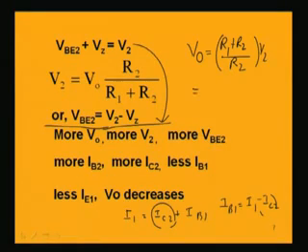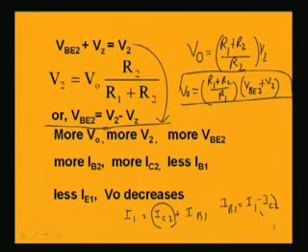And V2 is equal to VBE2 plus VZ. So V0 equals R1 plus R2 by R1 into VBE2 plus VZ. So this is the output voltage.